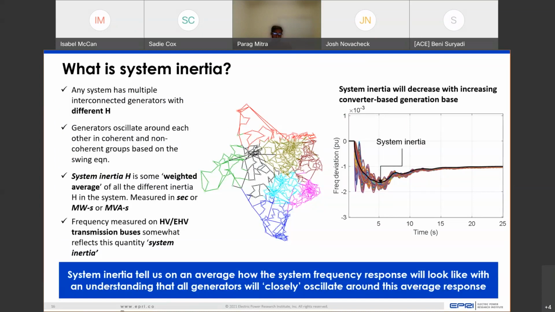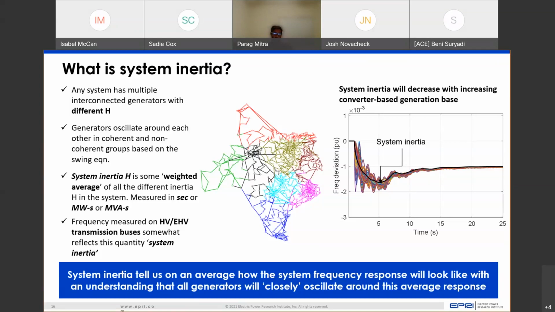And if you have an event on your system, the frequency dynamics look like what I have on the right-hand side of this slide. All the generators tend to oscillate around each other in coherent groups or some non-coherent groups, and they tend to follow this bigger profile, where you can see the frequency dips and settles down this way.